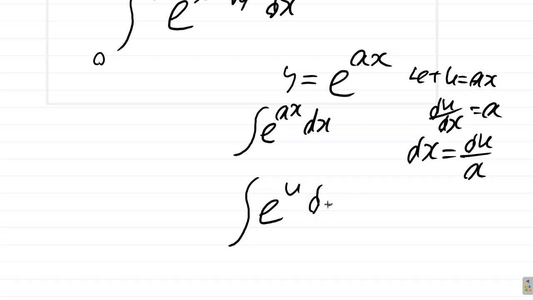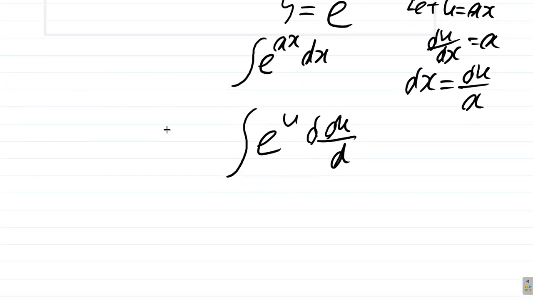But dx is du over a. And a is a number. So, when you integrate e to the u, you get e to the u. So this is really the integral of 1 over a times e to the u du.